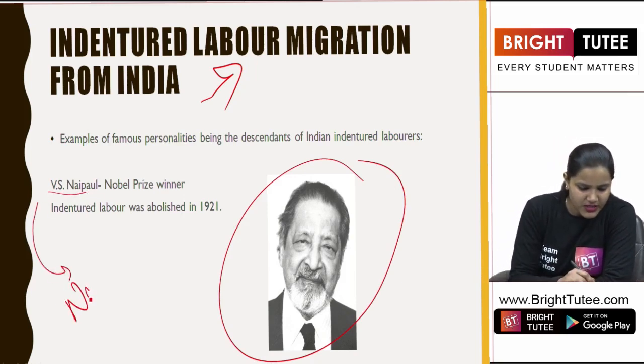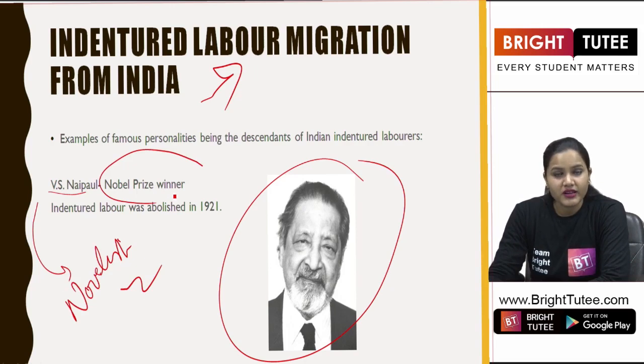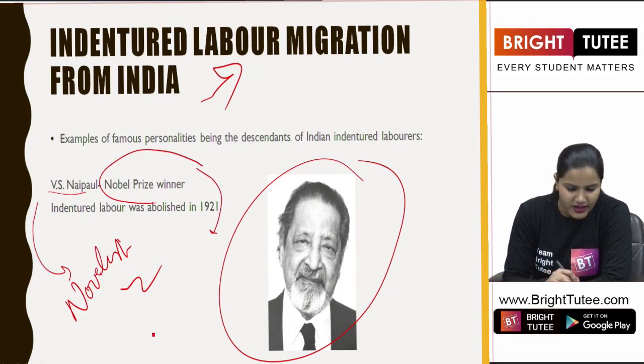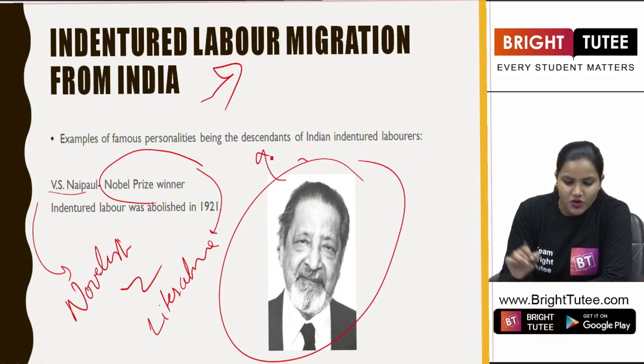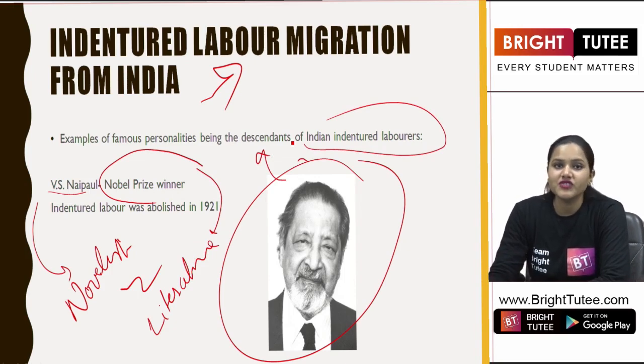A famous novelist, and he has also won the Nobel Prize in Literature. So imagine, he is also one of the descendants of the Indian indentured laborers, the laborers who went off to different locations and wanted their life to be better there. But that was not the condition.